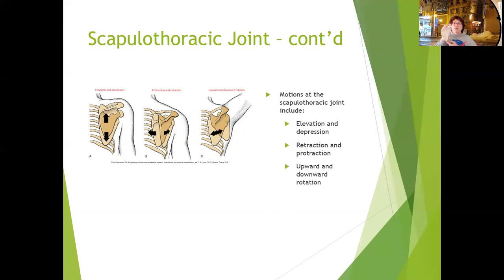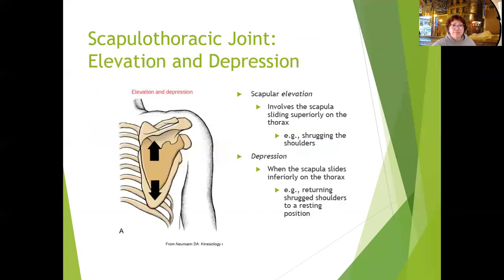It's the inferior angle of the scapula moving superiorly and then returning to its anatomical position. You can also think of the glenoid fossa rotating upward to catch rainwater and then rotating downward, if you want to think of it that way. And we'll talk more about upward and downward rotation.